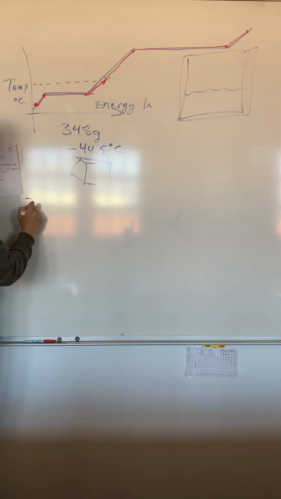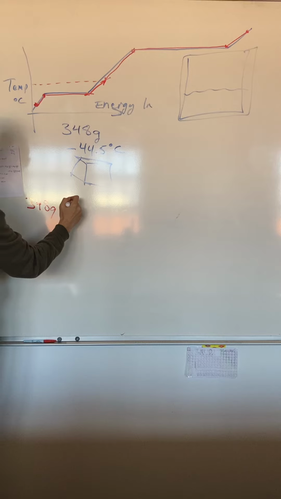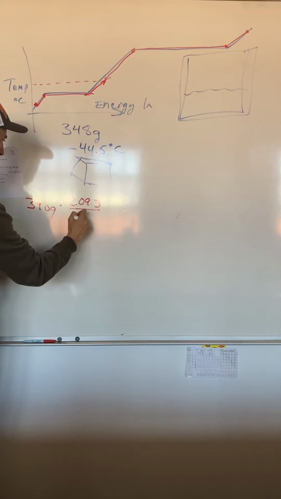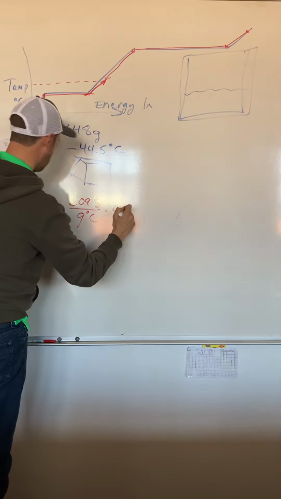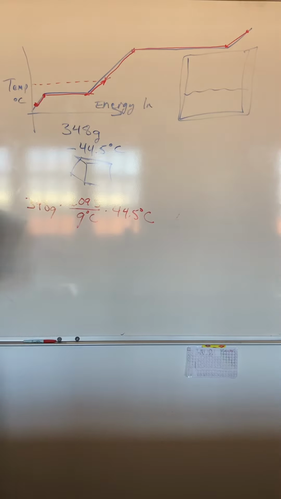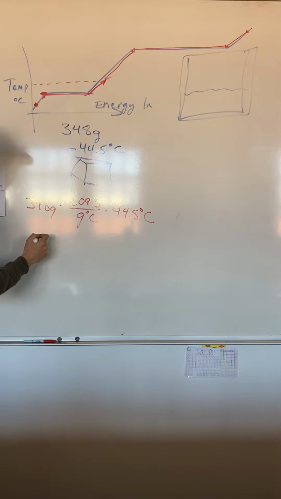It's the mass times the specific heat of ice times the change in temperature. That tells us how much energy it takes to go from there to there. The next thing we want to calculate is how much energy it takes to melt all of that ice. That's going to be this.